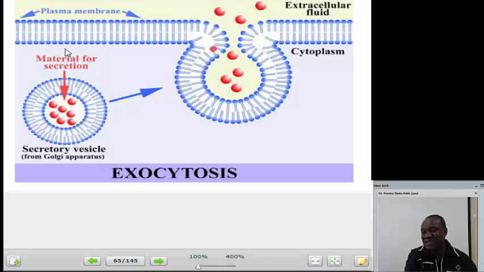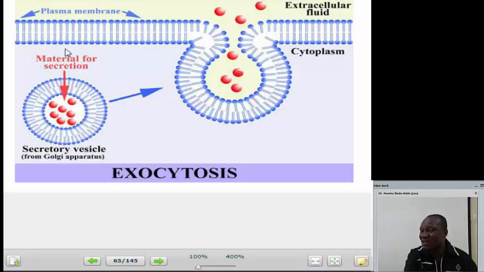Then the vesicles would move to the plasma membrane, that is the membrane surrounding the cell, fuse with the plasma membrane, and a neck will be opened. And once the neck is opened, the content will be left outside the cell.